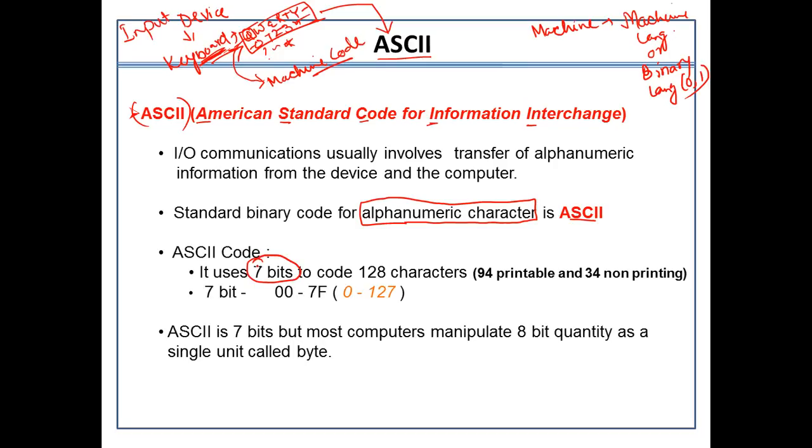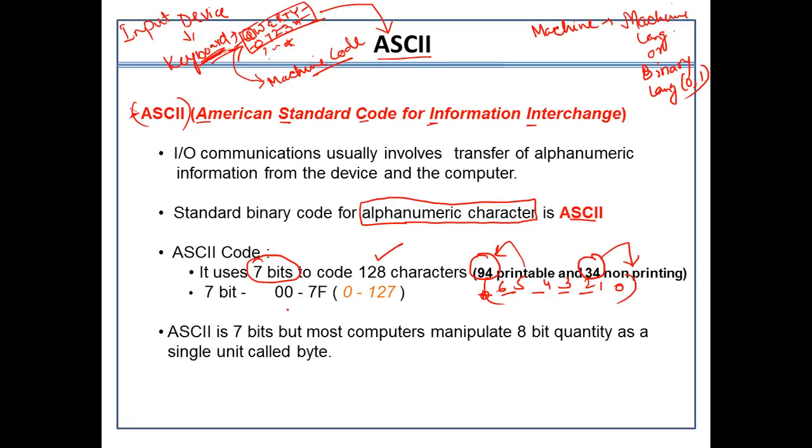Usually we consider ASCII codes of 7 bits, so I need 7 bits: 0, 1, 2, 3, 4, 5, 6. So a total of 7 bits to interpret the ASCII codes. From these 7 bits, we can generate 128 characters, out of which 94 characters are considered printable and 34 characters are considered non-printable.